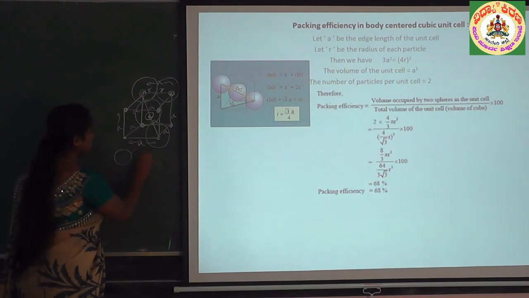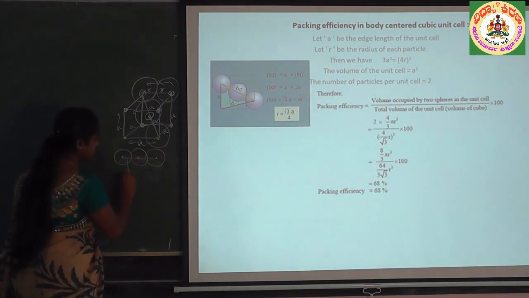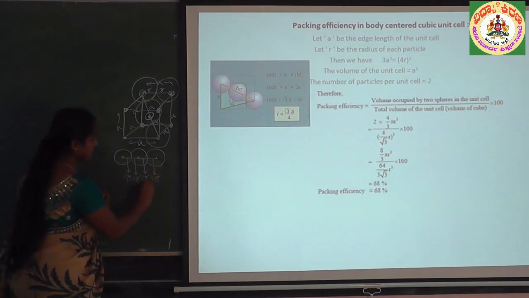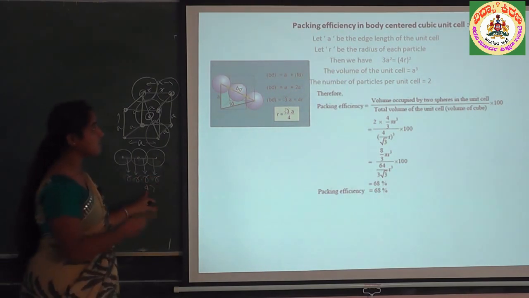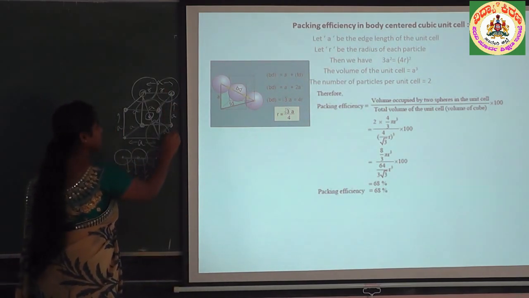If I join these 3 circles, this distance is called R, and this distance is R, this again R and R. So in total there are 4 R. So 3A square: this is 1A, another A, and third A.